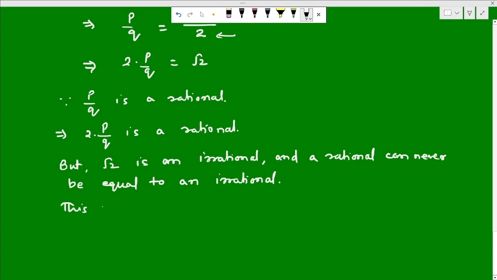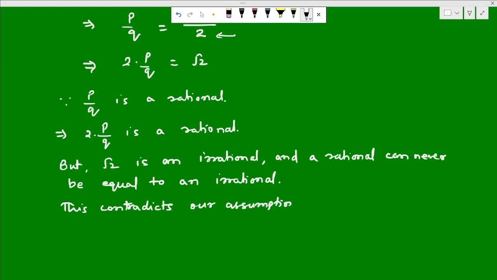This contradicts our assumption, and therefore 1 upon root 2 is irrational.